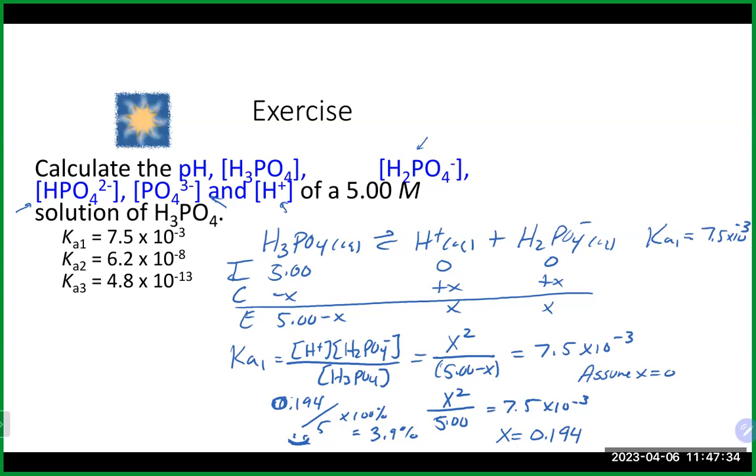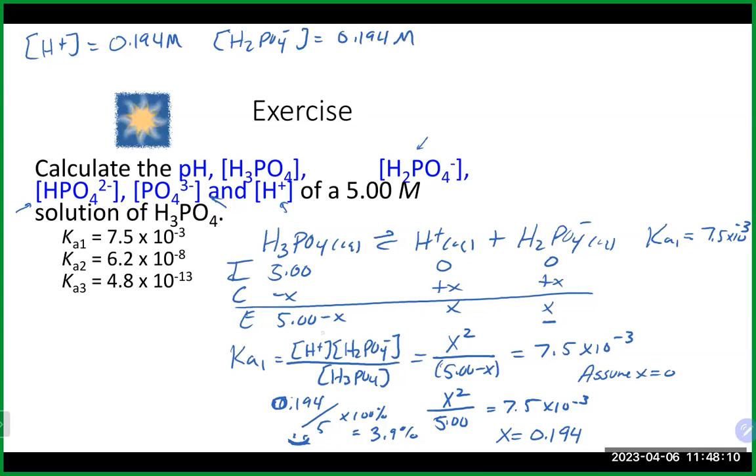And after doing really the first ionization step here, where the first hydrogen came off, we actually have a bunch of answers for what we're looking for. So from the table here, we can see that the concentration of H plus equals X, which is 0.194 molar. We also see from the table that the concentration of H2PO4 minus will also equal X, so that is 0.194.